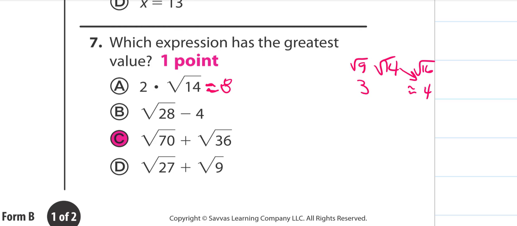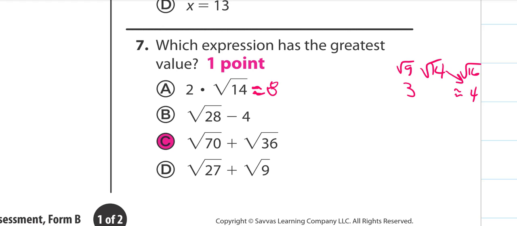If I were estimating B, we have the square root of 28 minus 4. What square root could I use that'll be close to that? Well, 28 is between the square root of 25 and the square root of 36, so we're looking at a number between 5 and 6. If I did 6 minus 4, I would get 2.